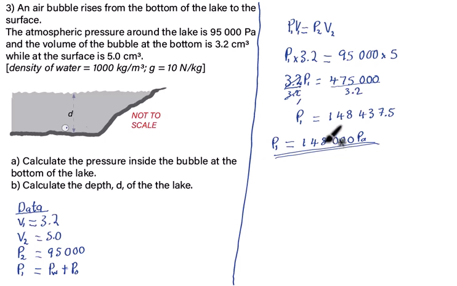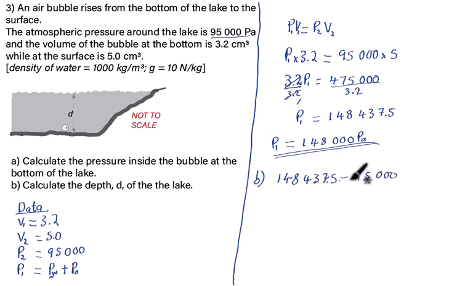But this pressure is due to what? Water plus atmospheric pressure. So we calculate the depth of the lake, the pressure due to the water only. So this is part B. 148,437.5 minus atmospheric pressure.